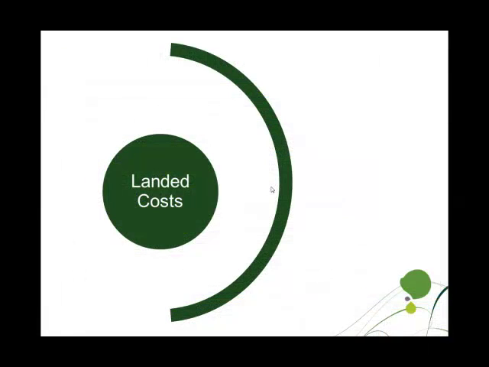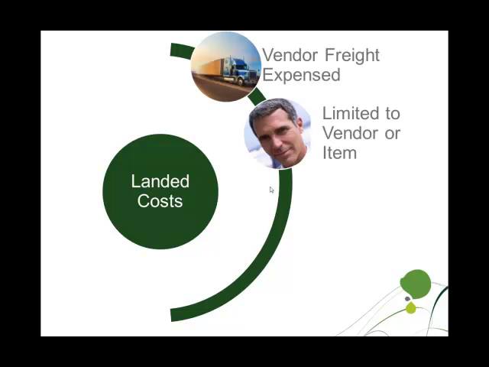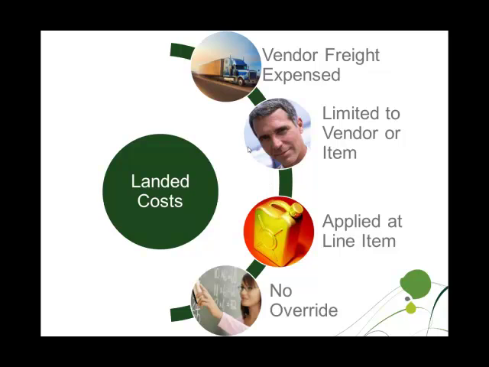We also did a major project around landed costs. There were some limitations for landed costs, including the fact that vendor freight was always expensed, that landed costs were always tied to a vendor or an item, that they were always applied at the line item level, and that there were no override capabilities.